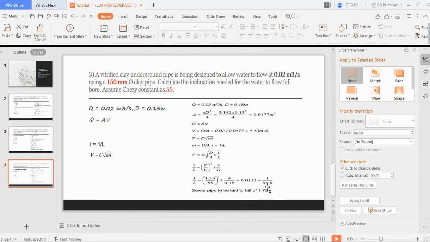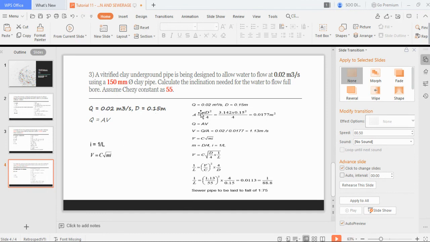But if it is asking you to recommend, then you just need to recommend a value that is smaller than what you have obtained. So this is how you do it. The concept is the same for all the calculation questions. You have all your formulas available to you and you're given some information.